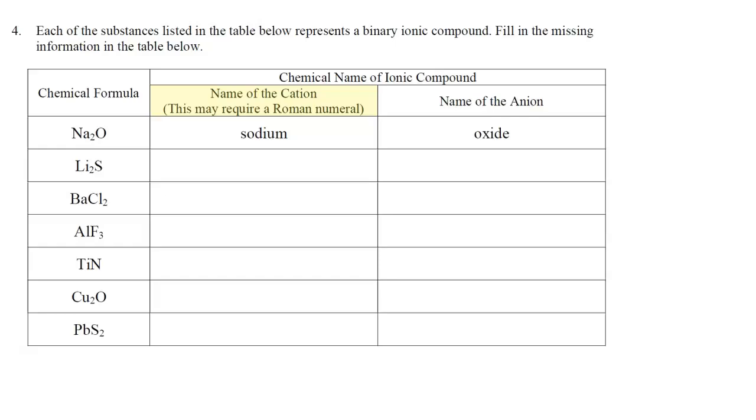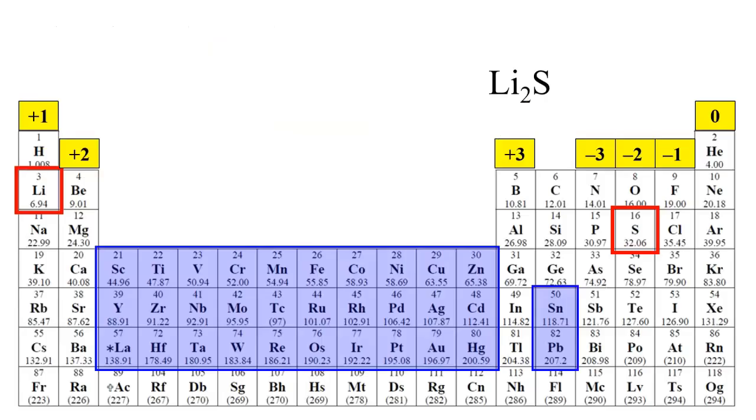Li2S is the chemical formula. Let's go find lithium and sulfur on the periodic table. So Li2S, well, there's lithium, but it's not in the transition metal region. It's in group 1, and since lithium is always +1, we don't need to add a Roman numeral in the name of lithium. Now, of course, sulfur becomes sulfide. So there's my lithium, there's my sulfur.